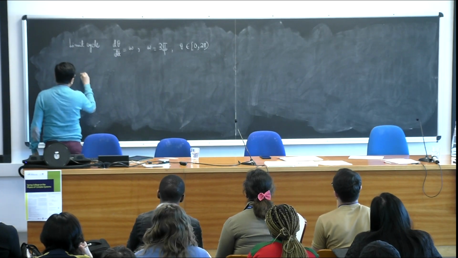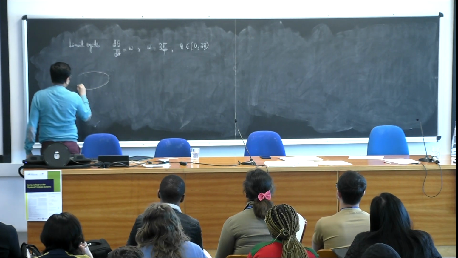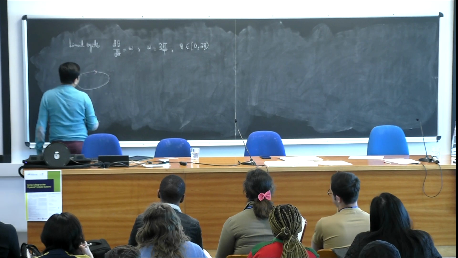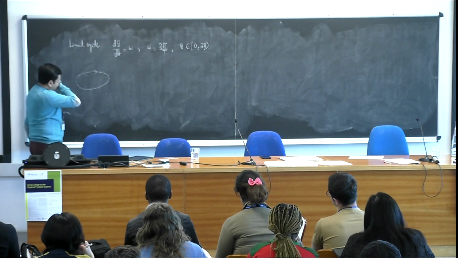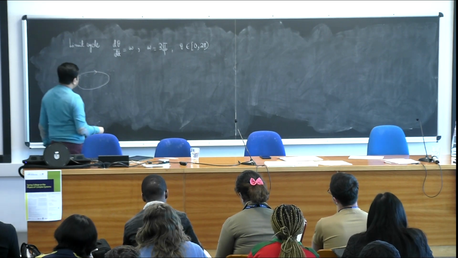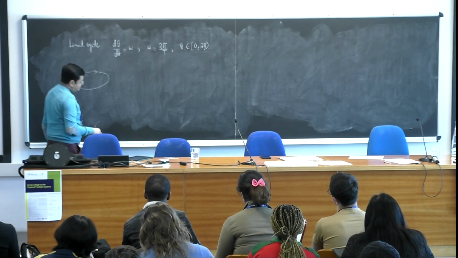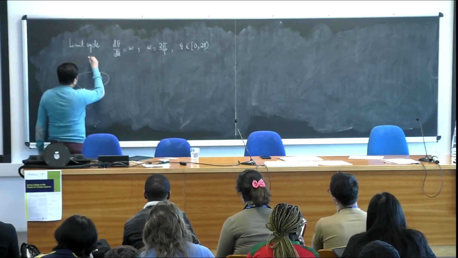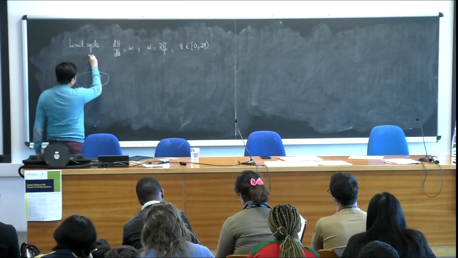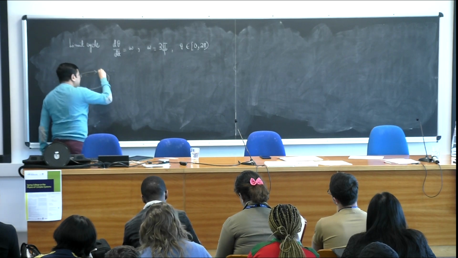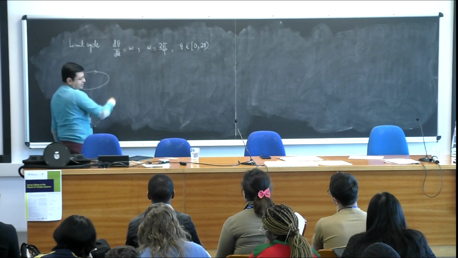So what you have is your limit cycle. Let's say the limit cycle is traversed in the clockwise direction like this. If I start exactly on the limit cycle, I remain on the limit cycle.